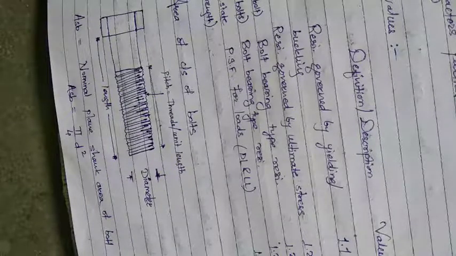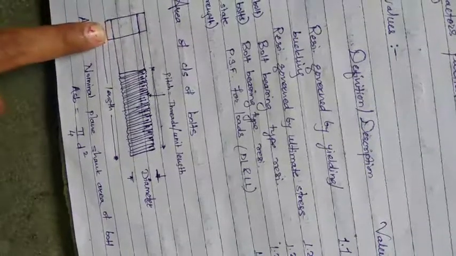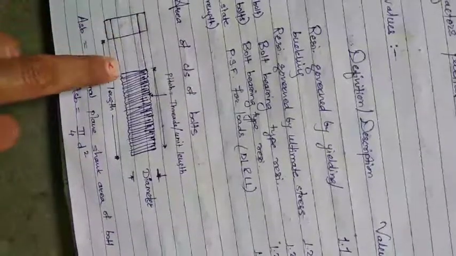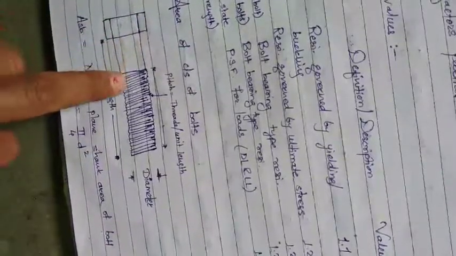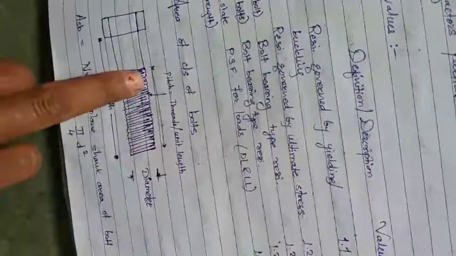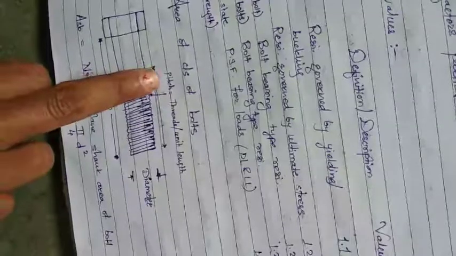So this is the diagram of the bolt. This portion is the head, this plain portion is the shank, and this zigzag portion is the threads. A single thread is known as pitch.